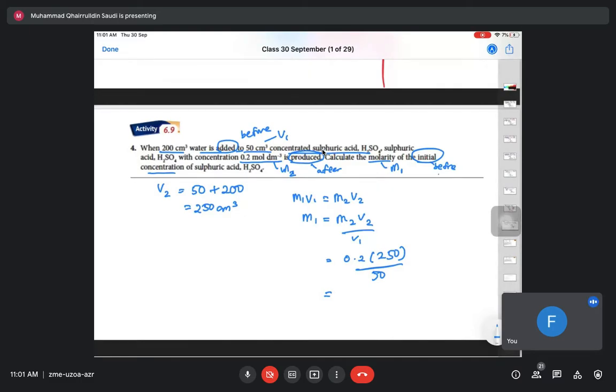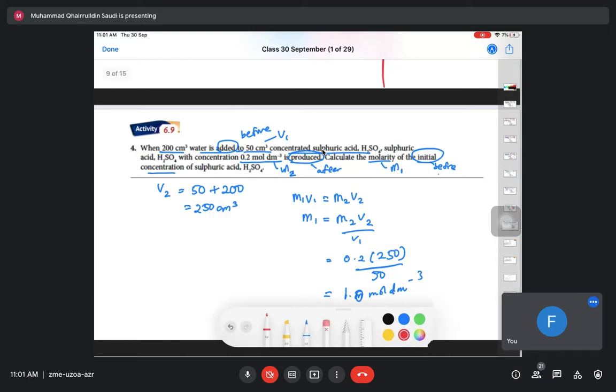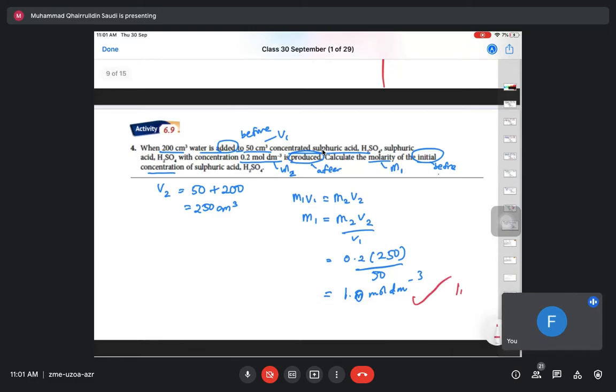One mole dm cube. Good. 1.0 mole per dm cube. Good job. Any questions so far? No.